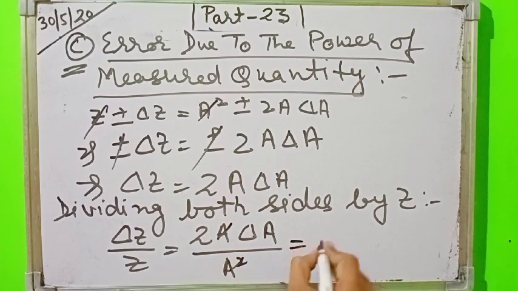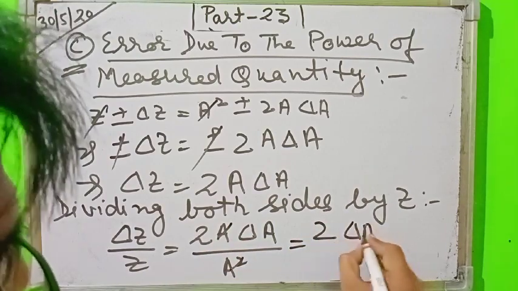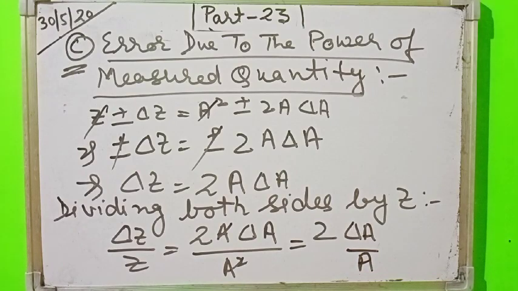A to A cancel out and it will become delta A upon A.